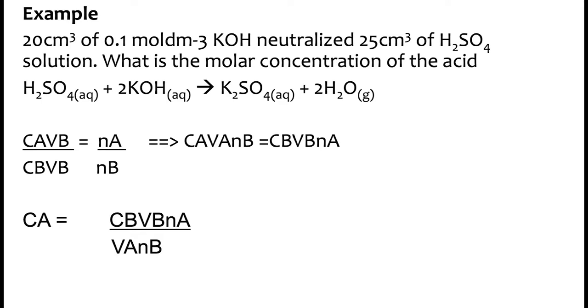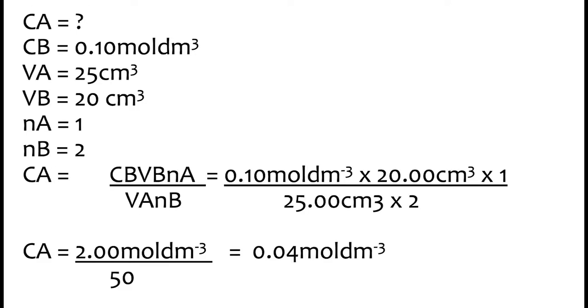And from this, we can apply our formula, which says that CA VA over CB VB is equal to NA over NB, where CA is the concentration of acid, which is unknown, CB is the concentration of base, which is given in the question as 0.10 mole per dm cube.